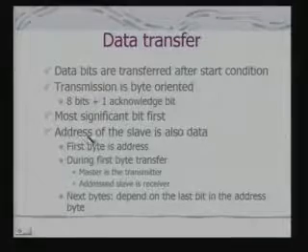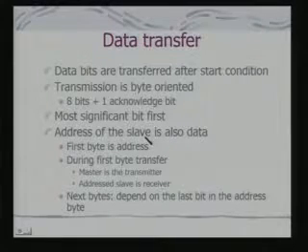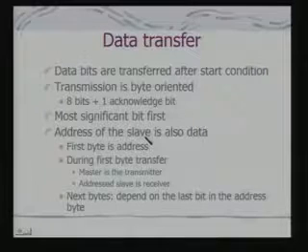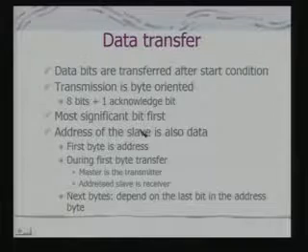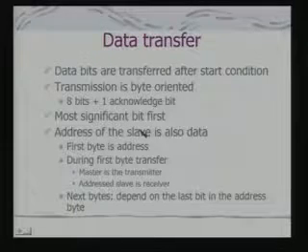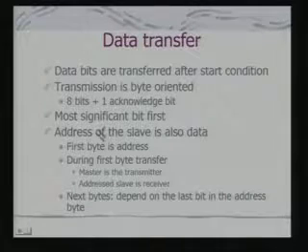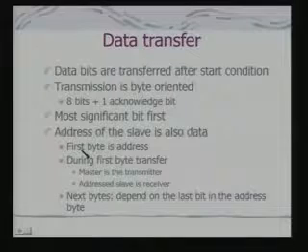Since there are multiple slaves which can be connected onto the bus, we need a mechanism to identify the recipient of the data. So, the address of the slave is also data. In fact, the first byte after this transition, when you start transmission, is actually an address.